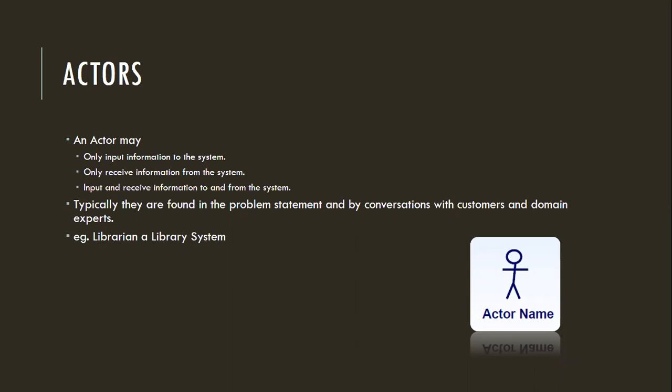You are placing the order, giving the input. Soon after you give the input, they give you the order, so they are giving the output. These two people, the order taker or the person at reservation, can be anyone. That is known as an actor. The user is known as an actor.